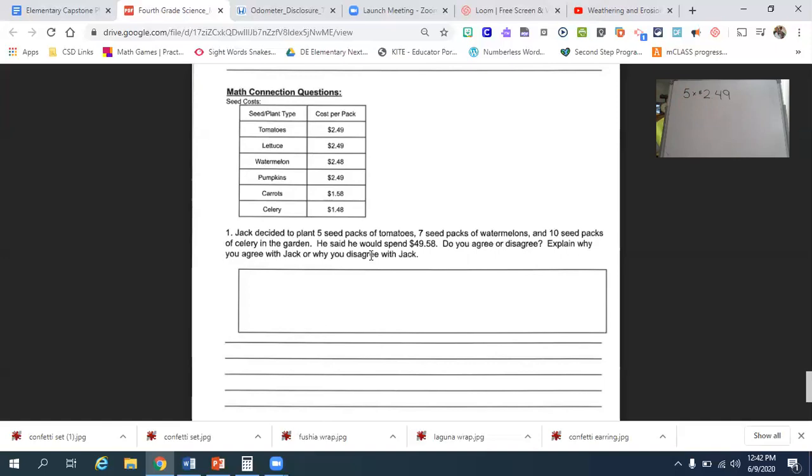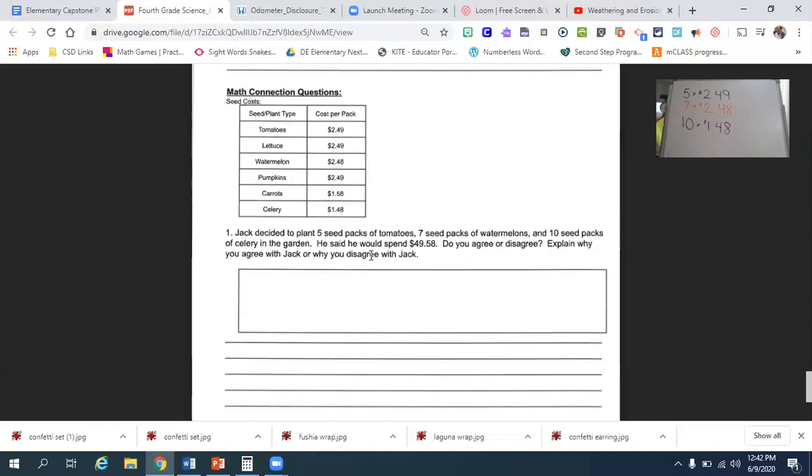He decided he's going to get 7 packs of watermelon, and each pack of watermelon is $2.48. He's also going to get 10 seed packs of celery, and according to my chart, celery is $1.48. Okay, so I'm going to multiply to find out how much it is all together.